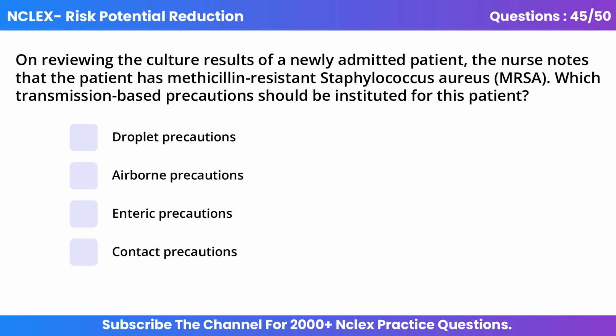Question 45. On reviewing the culture results of a newly admitted patient, the nurse notes that the patient has methicillin-resistant Staphylococcus aureus, MRSA. Which transmission-based precautions should be instituted for this patient? D. Contact precautions.